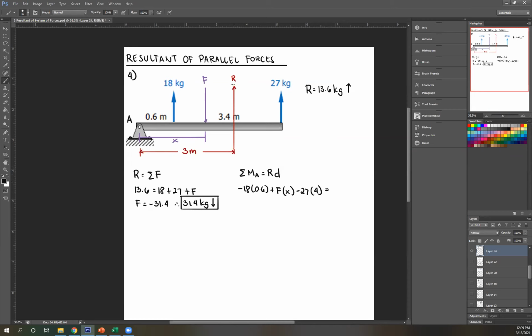And then equals, rotate R about A. R is counterclockwise, therefore negative 13.6 multiplied by distance 3. Now I can solve for X.